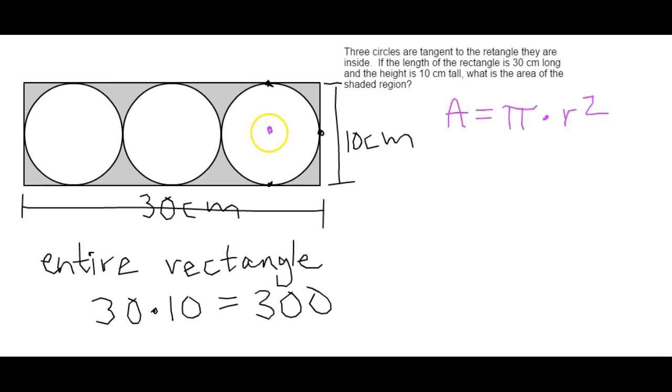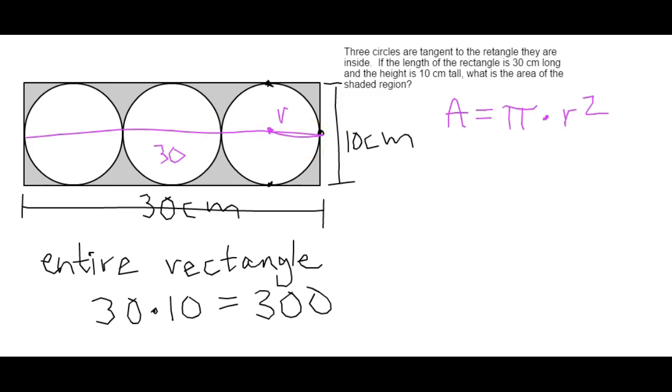Unfortunately, we do not currently have the radius written in. We do have enough information to find the radius though. If all the way across the circle is 30, if we split that into 3 equal pieces, that would tell us the diameter for each circle.